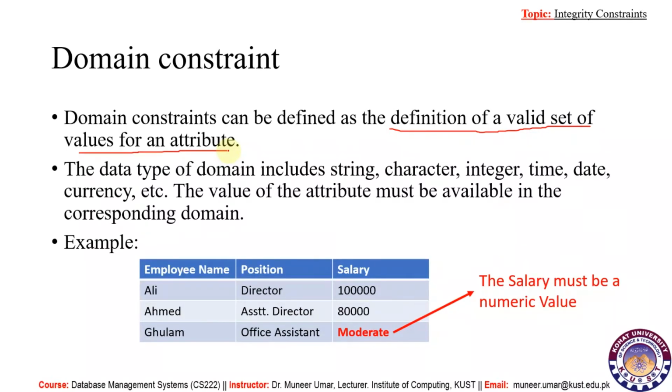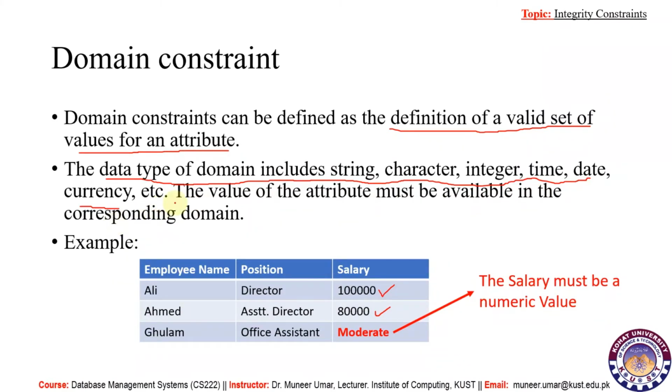As we saw that for salary, the possible values are decimal values or numeric values. The data types of a domain include string, character, integer, time, date, currency, etc. The value of the attribute must be available in the corresponding domain.